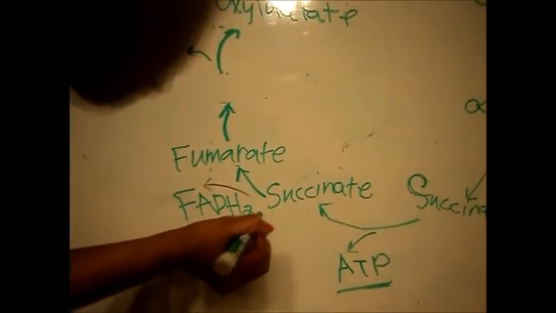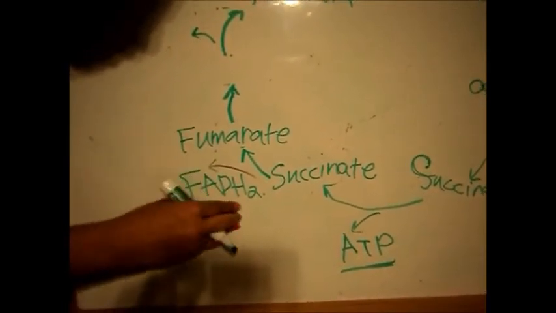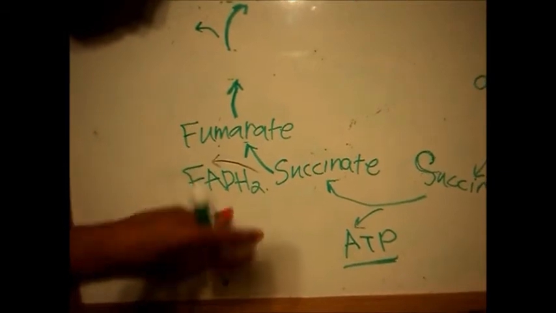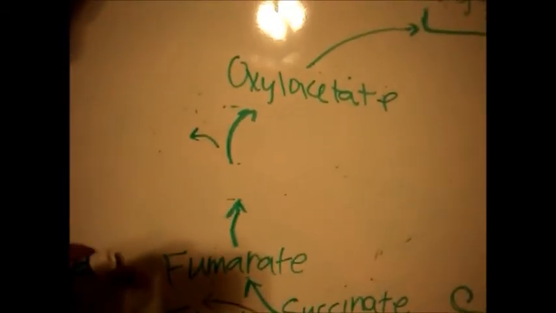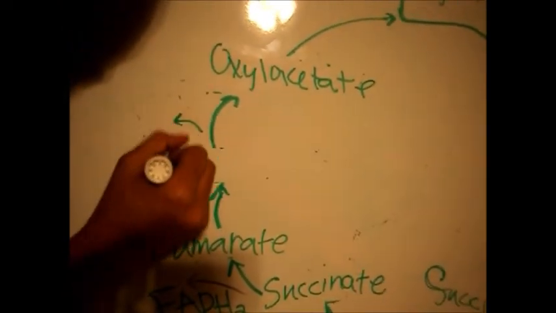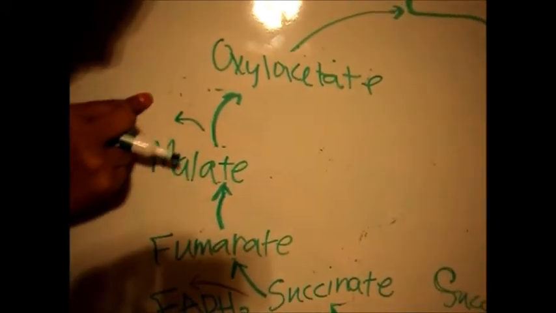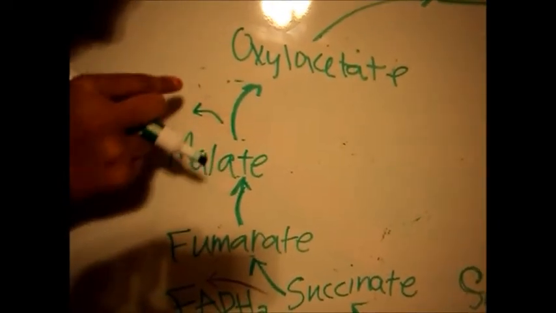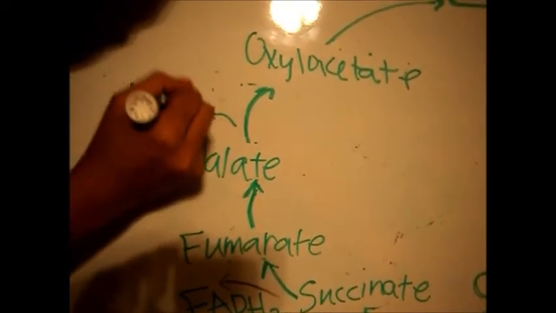And this FADH2 is used to power or carry high energy electrons in the electron transport chain. Okay. After this fumarate is created, the final oxidation creates malate. And in this final process, the electron carrier NADH is created, which is an electron carrier.